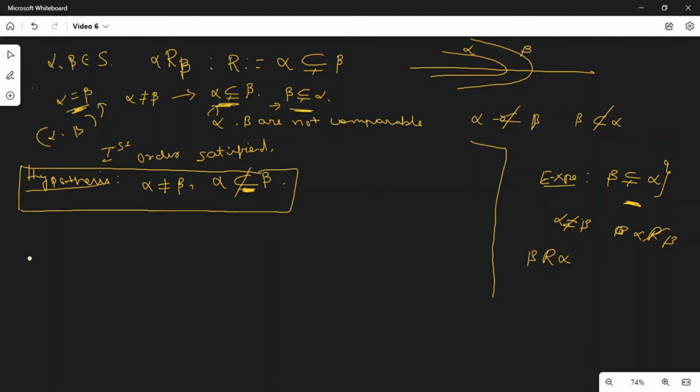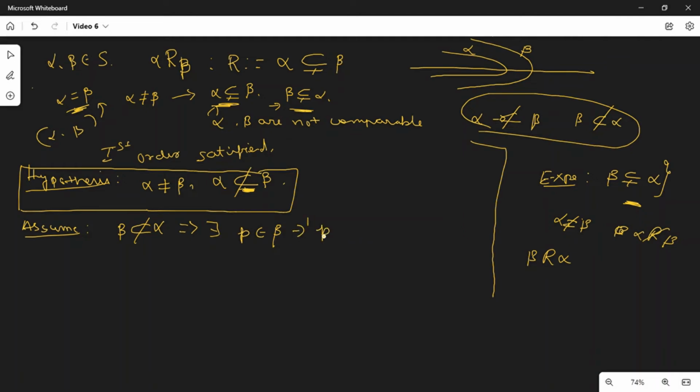So this is our hypothesis. Let us assume beta is also not a subset of alpha. Like this case, let us assume both of them are not comparable. What happens then? If beta is not a subset of alpha, then there exists one element, say p in beta, such that p does not belong to alpha.